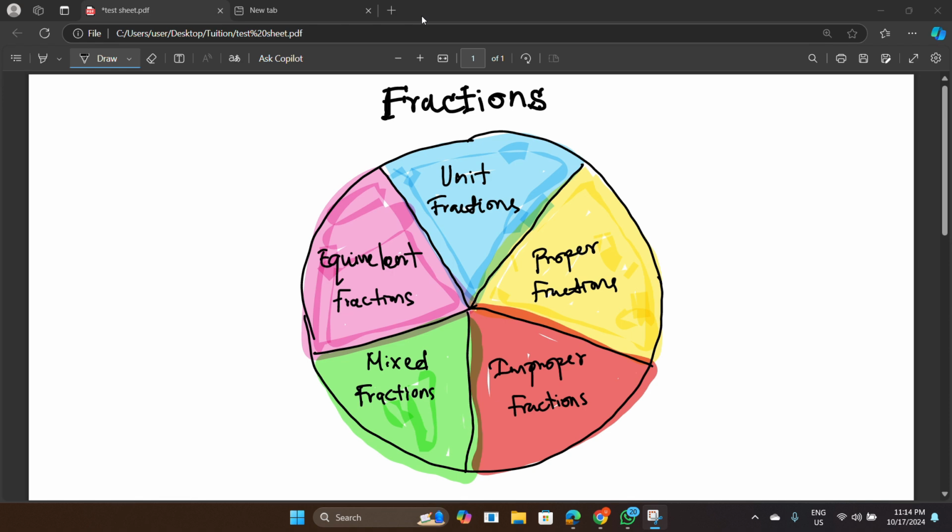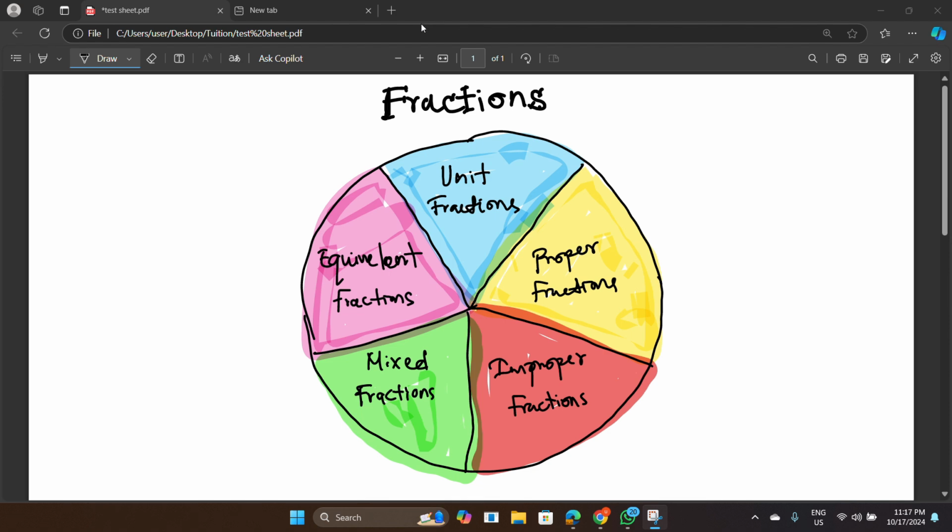But not everything in the world can be expressed as a whole number, right? Sometimes we need to express numbers that are between these whole numbers as well, like between 1 and 2, between 10 and 11. Likewise, we have to represent numbers that are between whole numbers. And that's where fractions are used. Okay?